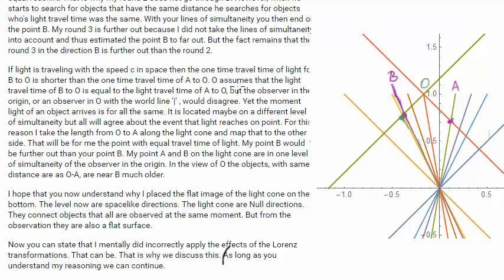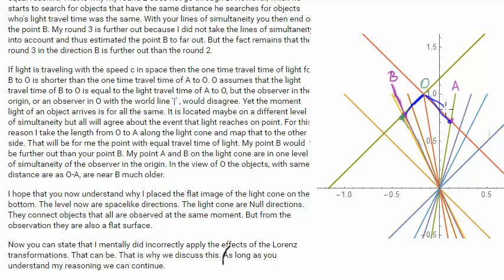"If light is traveling with the speed c in space, the one-time travel time of light for B to O is shorter than the one-time travel time of A to O."